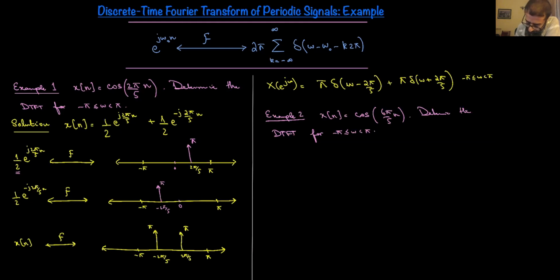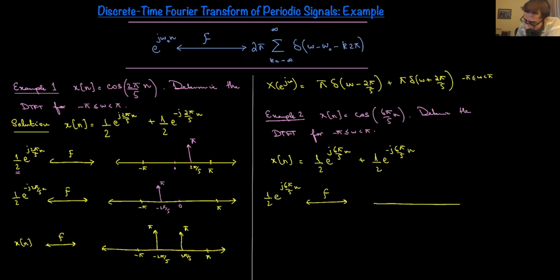So x of n is half e raised to power j 6 pi by 5n plus half e raised to power minus j 6 pi by 5n. If I look at the Fourier transform of half e raised to power j 6 pi by 5n in the Fourier domain, the impulse is going to reside at 6 pi by 5.